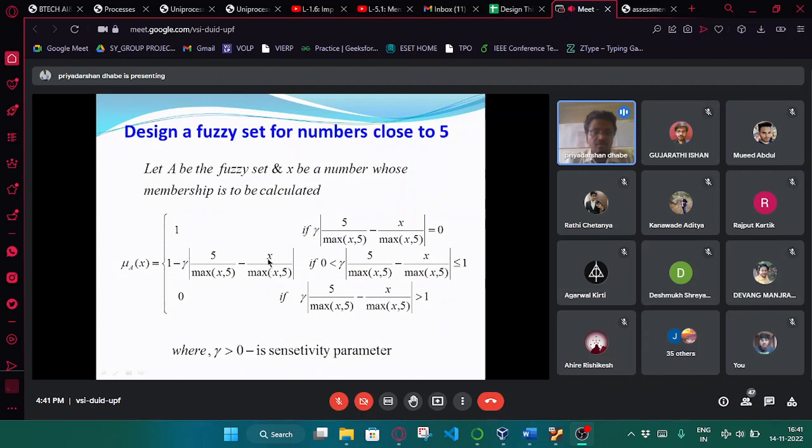If this factor is 0.3, then 1 minus 0.3 comes out to be 0.7. So more membership value will be allocated if the value of this factor is lesser. If this factor is 0.7, then 1 minus 0.7 comes out to be 0.3. So based upon how far we are going away from the 5, we get lesser and lesser membership.